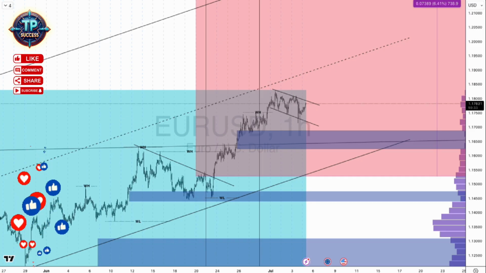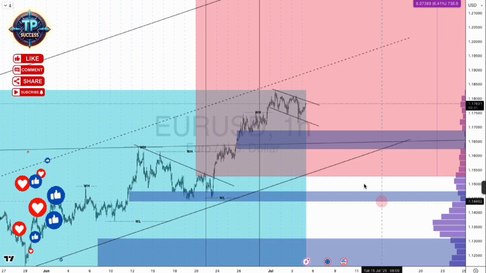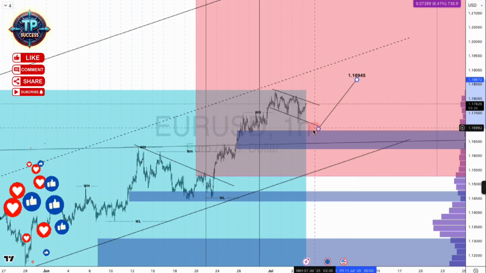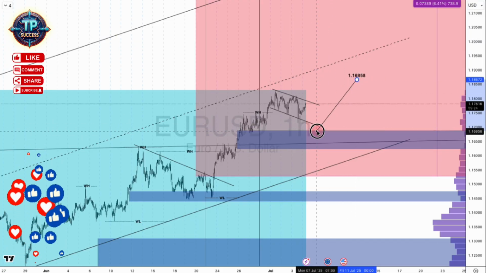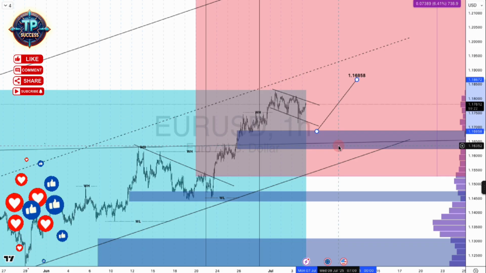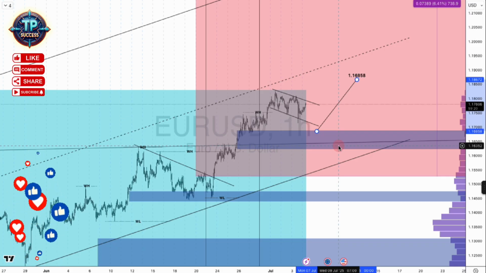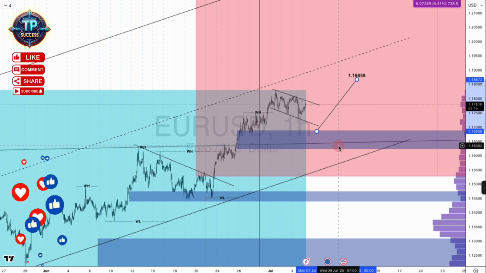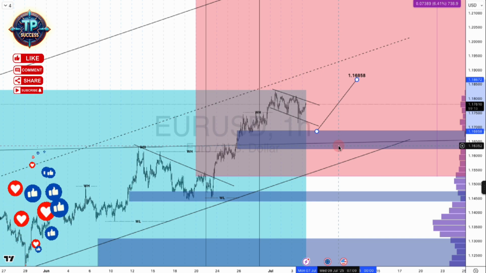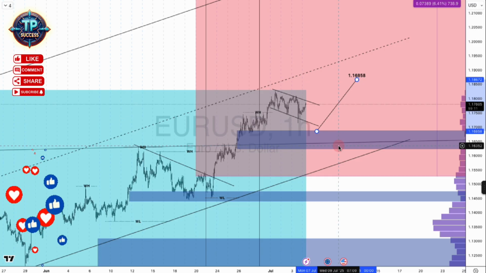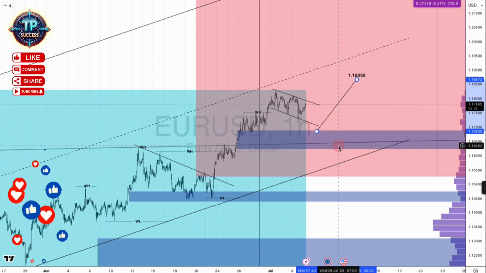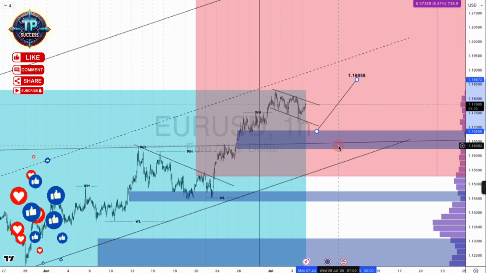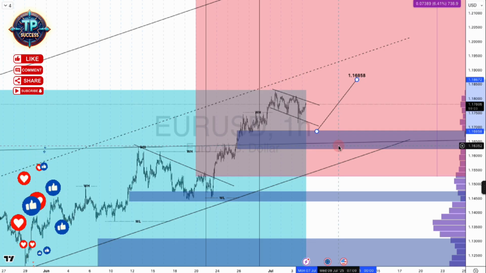So if price comes down to this level, right inside the low value node of the volume profile, the price point we will be looking at is 1.16858. You might want to consider preparing yourself to jump in, especially if it moves away from that location.